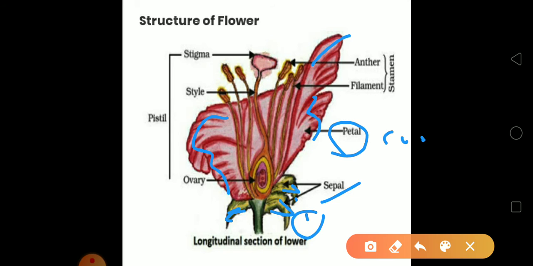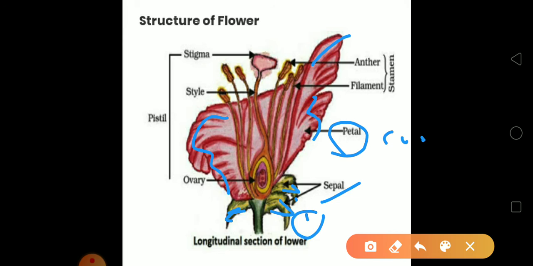Petals are large and brightly colored, so this color is helpful to attract insects for pollination, right? Calyx and corolla are non-essential parts of the flower because they are not directly involved in the reproduction process, right?